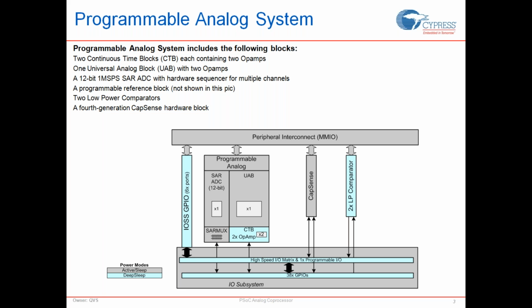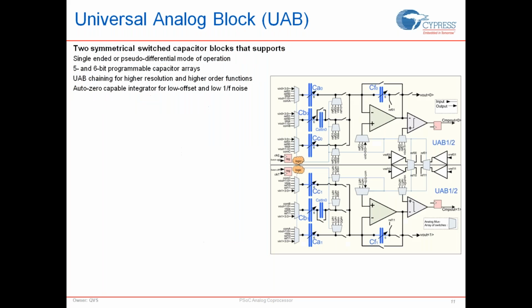That's the advantage of something like this. And apart from this, you have a huge I/O matrix, which lets you take any GPIO on the device into any of these analog functions. So that's a high level on the device. We already covered most of what's in this diagram. What we're going to cover today is the UAB.